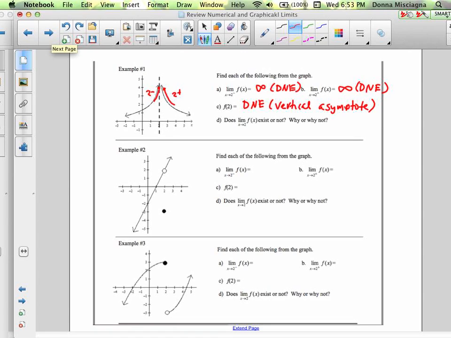Does the limit as x approaches 2 of f of x exist or not? Why or why not? All right, well, we can't say that we're not approaching the same value. Technically we are. We're approaching infinity from both the left-hand side and the right-hand side. But what we can say is that we're not approaching a finite number. All right, so this is a no. The limit does not exist.